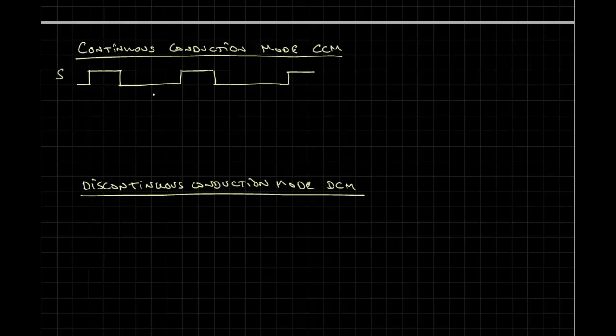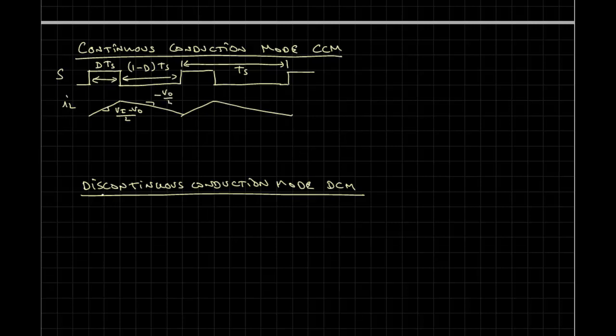This is the switch, and it is on for DTs, off for (1 minus D)Ts. It has a period of Ts. And the current will rise. This is IL. Current will rise during the on time of the switch, and it will fall during the off time. The slope will be (Vin minus Vo) over L, and then it will be minus Vo over L.